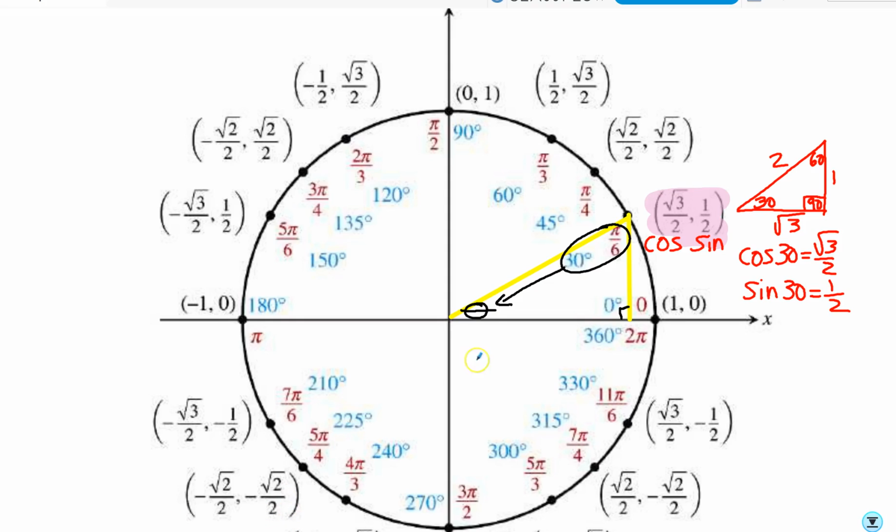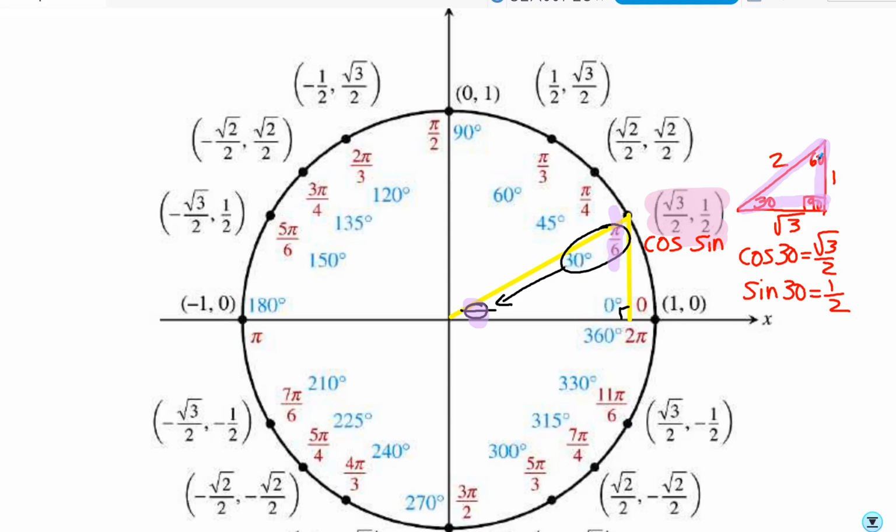I highlighted the triangle that starts with this theta here of pi over 6. So I went over here and I drew the triangle more clearly to show that pi over 6 is 30 degrees. And if it's a right triangle, we've got our 90-degree angle and, of course, our 60-degree angle.